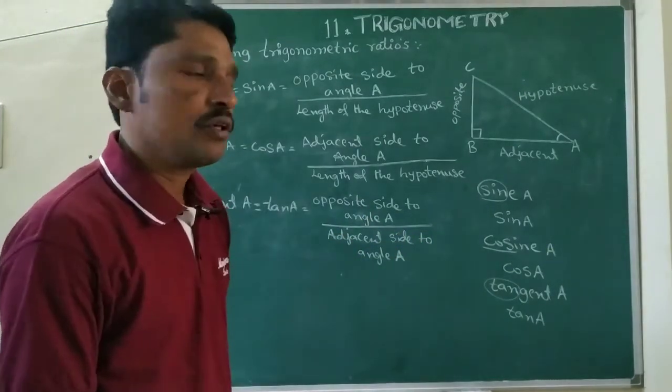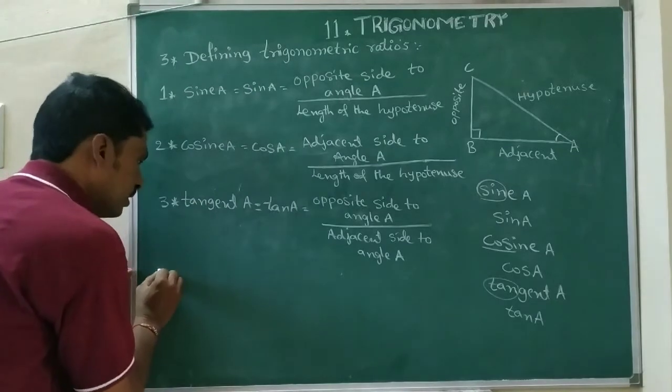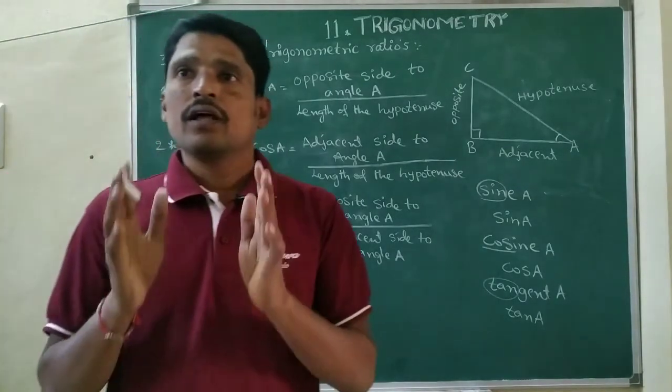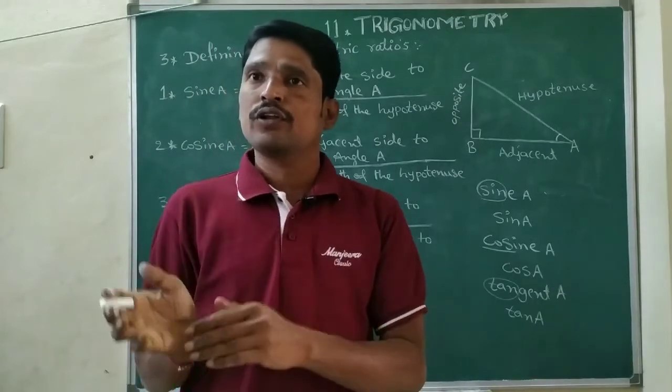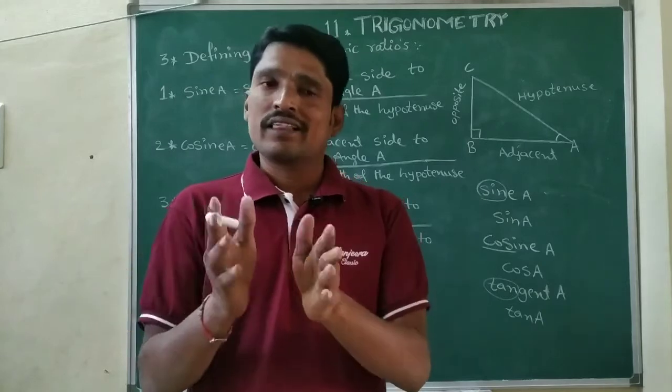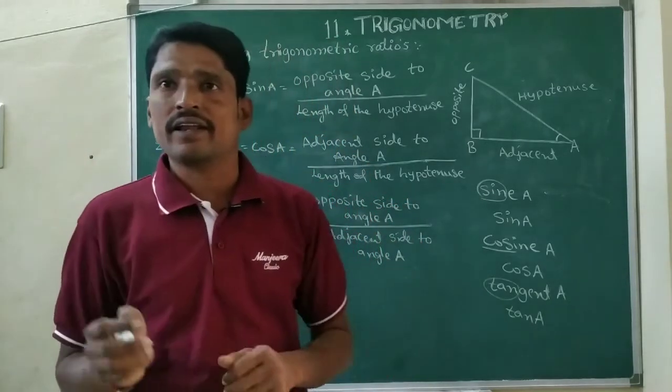Next three ratios, that is the fourth one: the ratio of the length of hypotenuse and opposite side of an angle is constant in all similar right triangles.